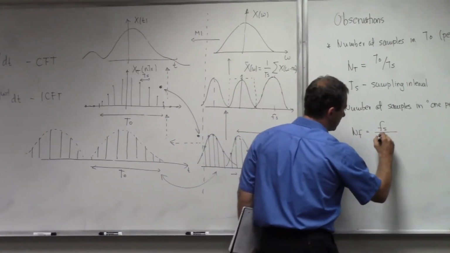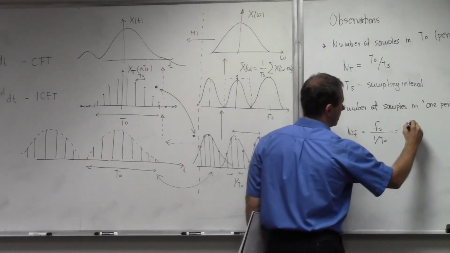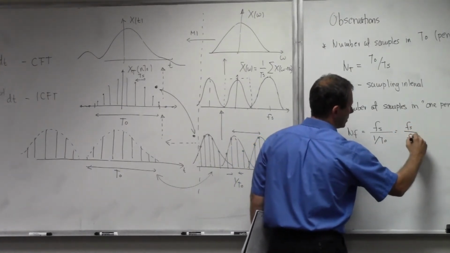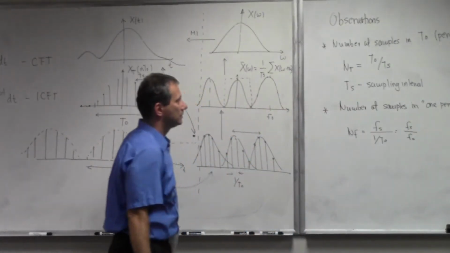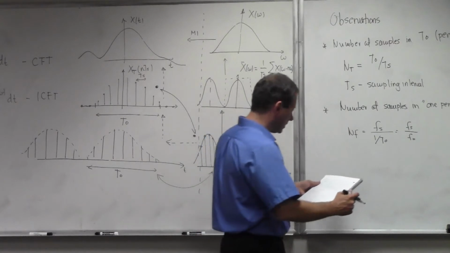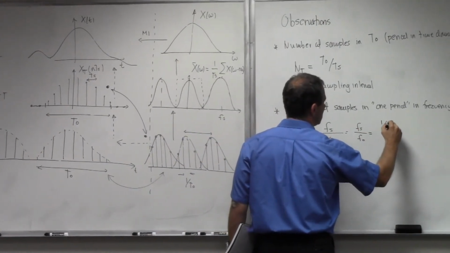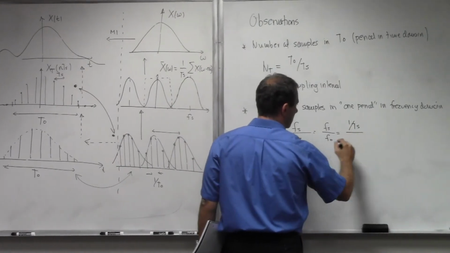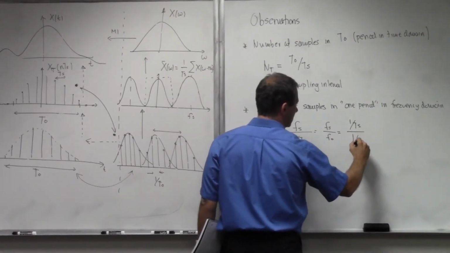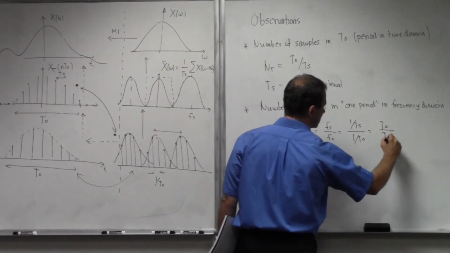So this is fs over 1 over T0, which is essentially fs over f0, however you want to look at it. An interesting thing to observe is this: fs can be written as 1 over Ts, and f0 can be written as 1 over T0. So this becomes T0 over Ts.